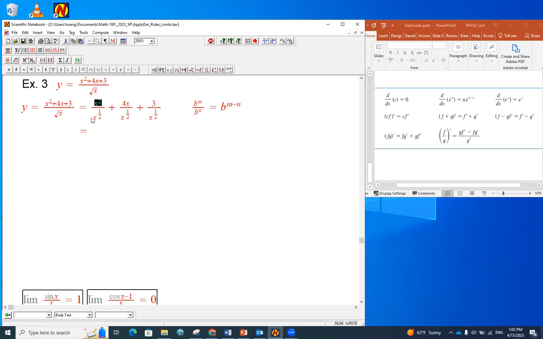So x squared divided by x to the power half gives x raised to the power of 2 minus half, plus 4 times x raised to the power of 1 minus half. And last is 3 times 1 over x to the power half, so that's just x raised to the power of negative half.